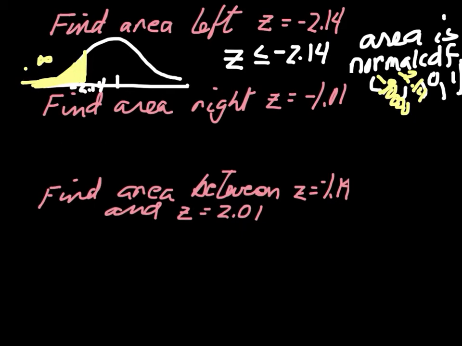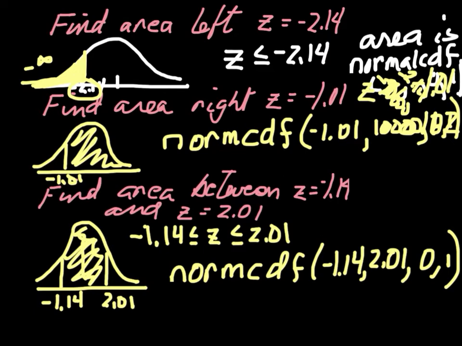And when you do that, that gives us an area of 0.0162. So the trick here is the right bound on area to the left is always the biggest number. The left bound is something a lot smaller that acts like infinity.